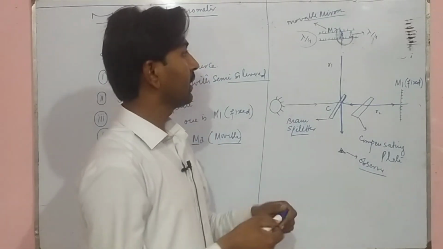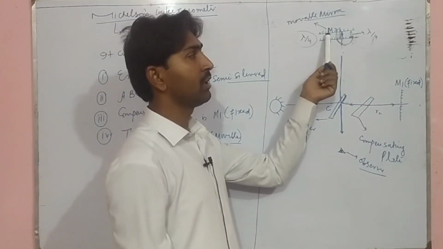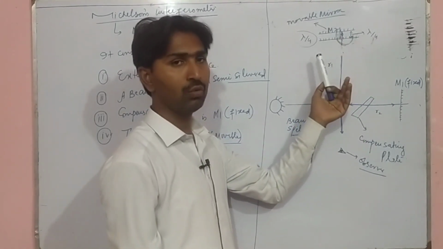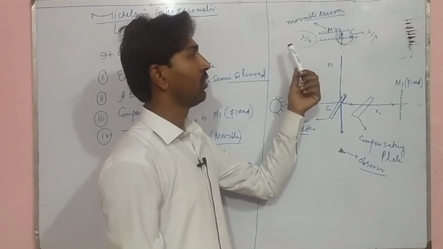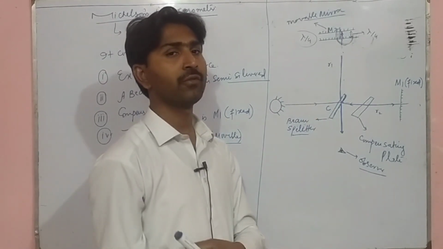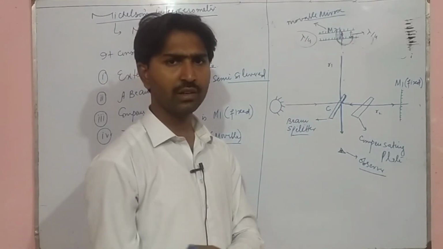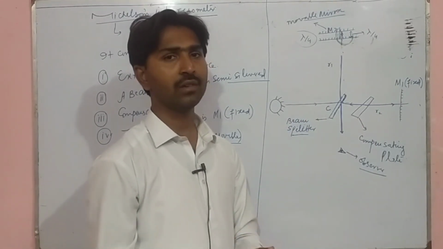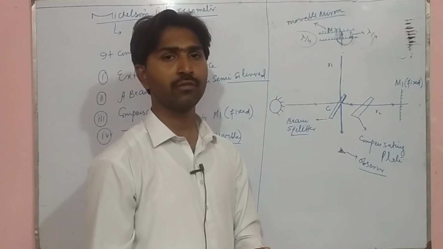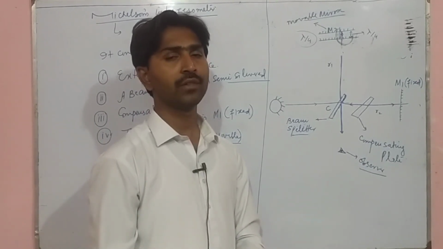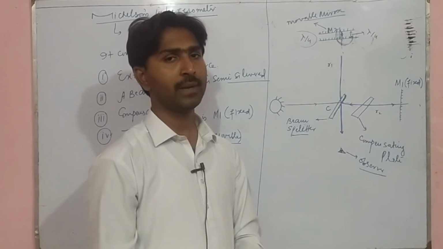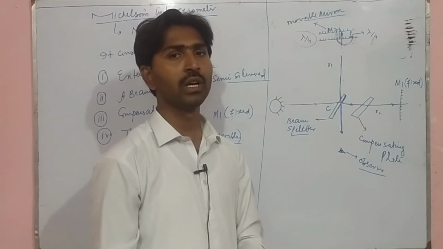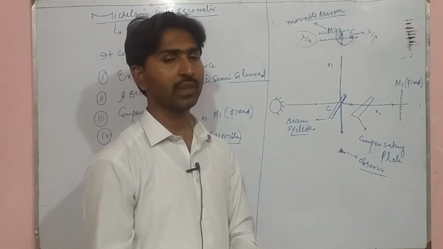When we shift the mirror parallel to itself by lambda by 2, the path difference will be twice this distance. Then interference fringes will be formed. Destructive interference is formed when the path difference is lambda by 2. If the path difference is 0, constructive interference will be formed. A series of bright and dark fringes will appear.